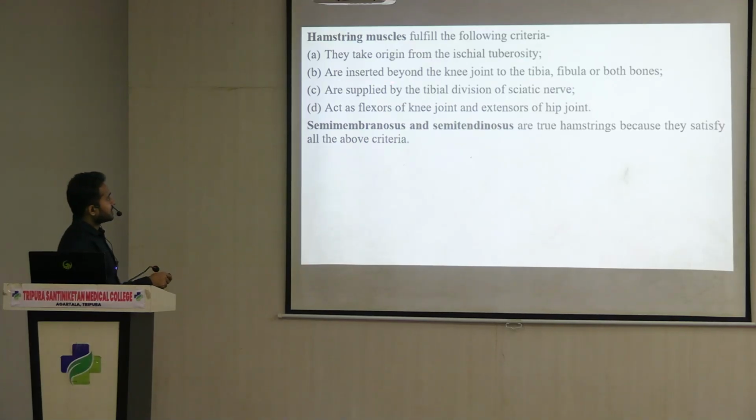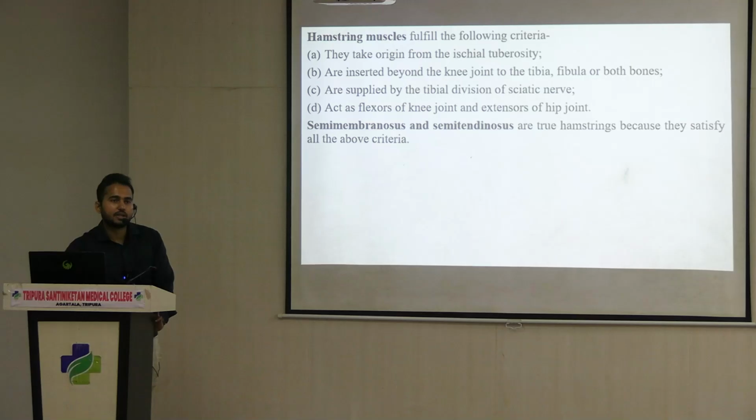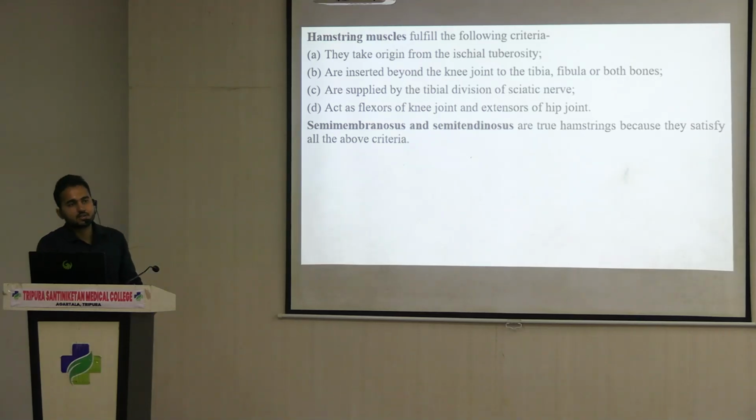Next, insertion beyond the knee joint in the tibia, fibula or both bones. So what is the condition for insertion? It has to cross the knee joint. Once it crosses the knee joint, it will go and insert into the tibia or the fibula or both bones.